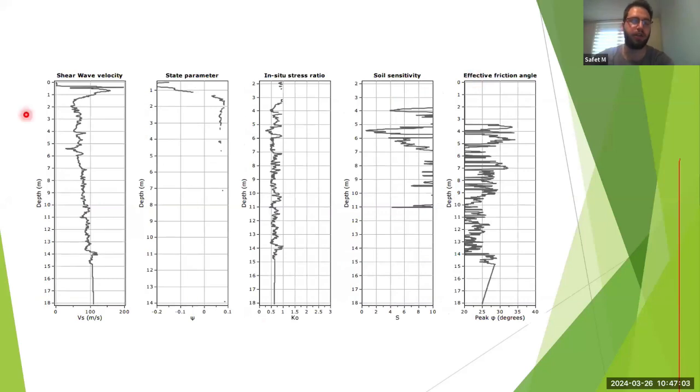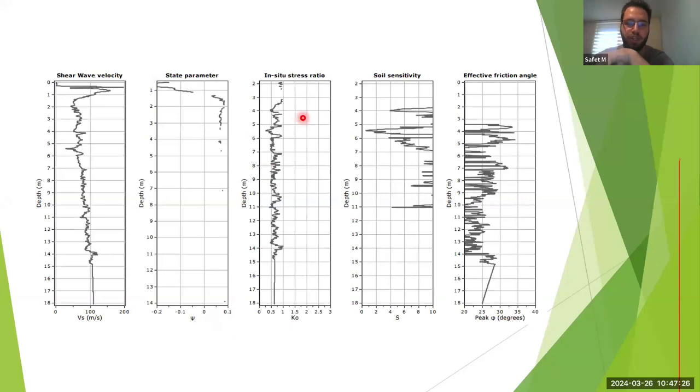A lot. I just said you can get a lot of results just from the CPT, and it's a really good test. And I really would like to see you using those tests in your future. You can get shear wave velocity, which you would usually get with geophysical investigations. Get state parameters, which would be this number here.